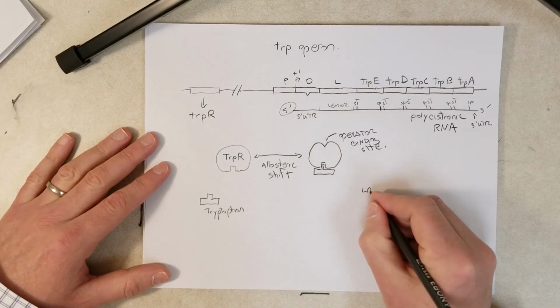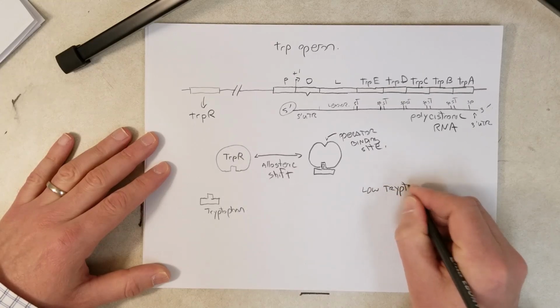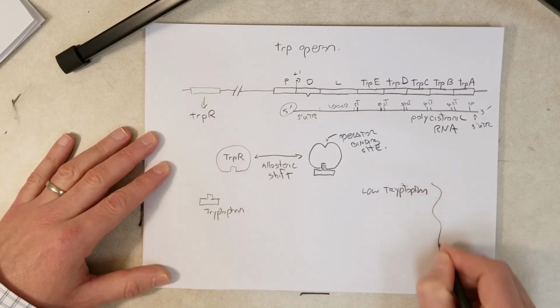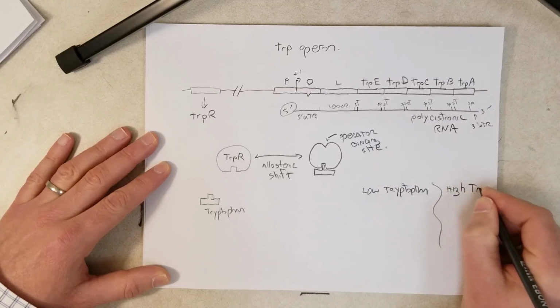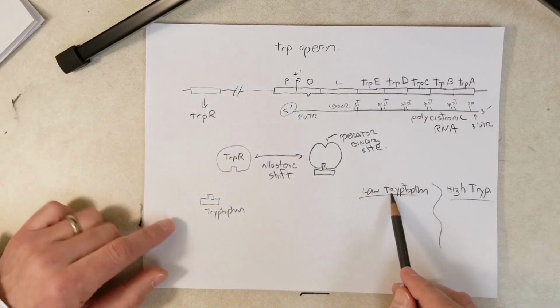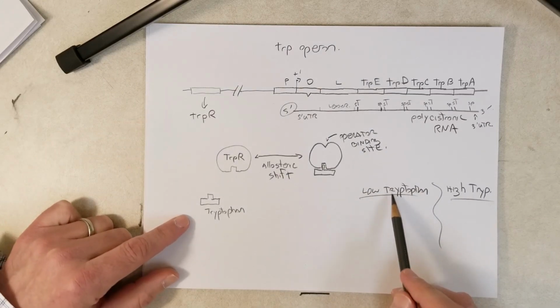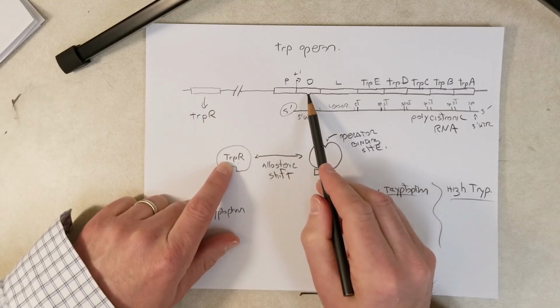Let me see. We have low tryptophan versus high tryptophan. Two conditions. When tryptophan levels are low, the repressor will look like this, right? And it can't bind to the operator.